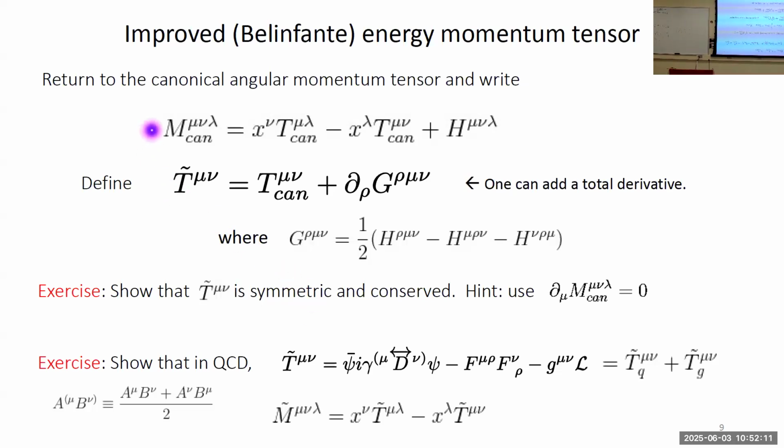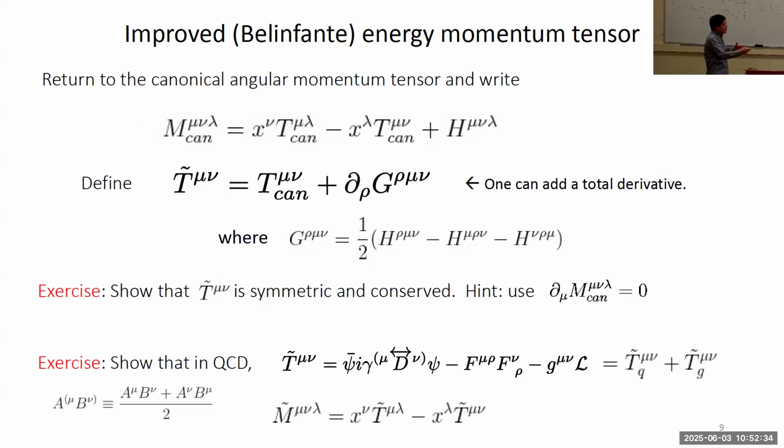So here's what I derived yesterday using the canonical procedure by using Noether's theorem. By doing a Lorentz transformation, I get this angular momentum tensor the usual way, which is not symmetric and it's not conserved. So the energy momentum tensor T canonical is not symmetric and not gauge invariant.